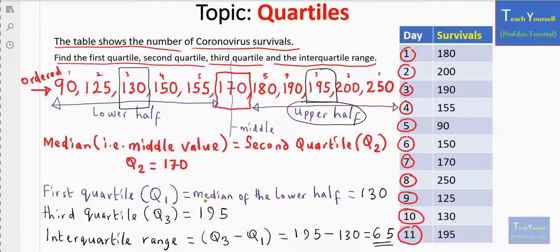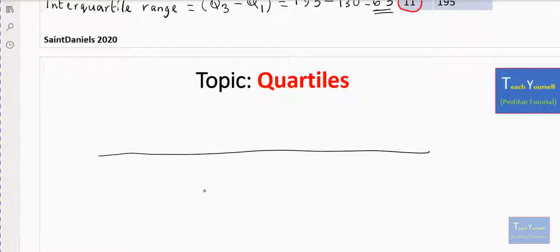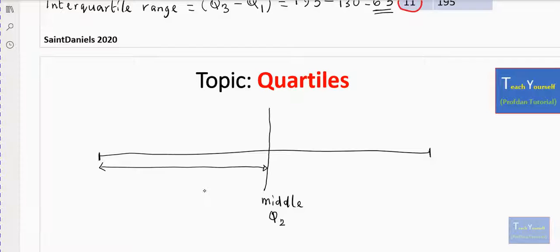When you have a set of data, first you have to divide the data into 2 parts. So you have a set of data. First, divide. This is one end, this is another end. So this is the middle, or what we call the second quartile. Okay, the next thing is from this part to this part is what we call the lower half.